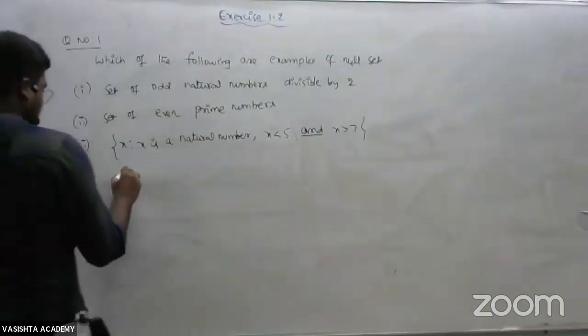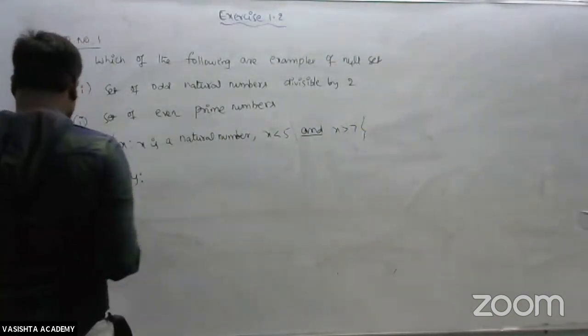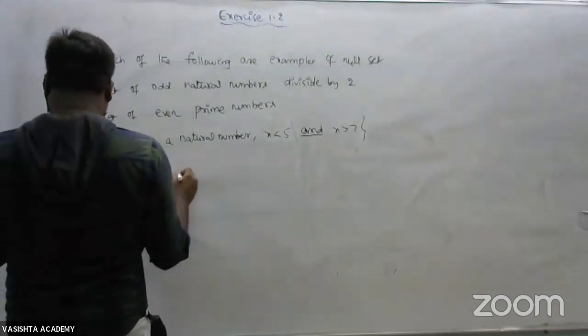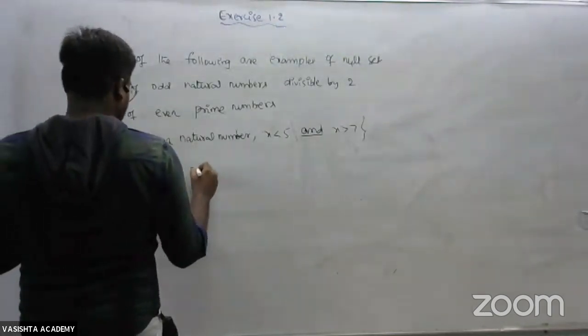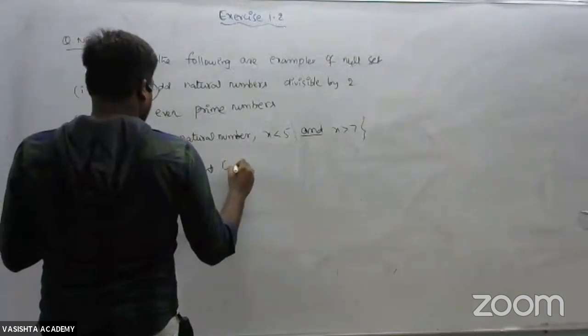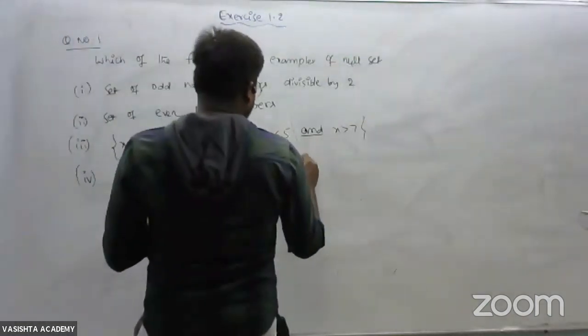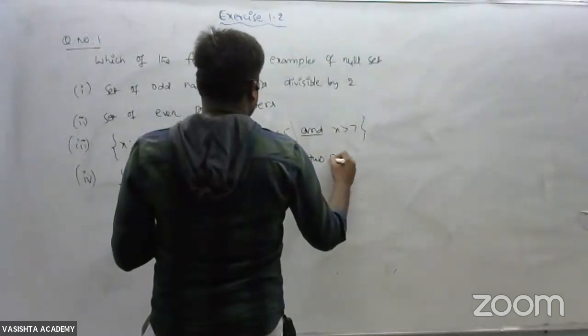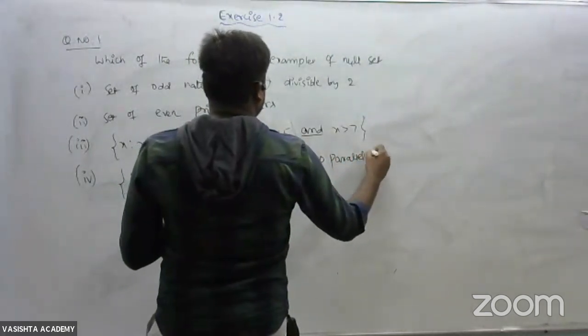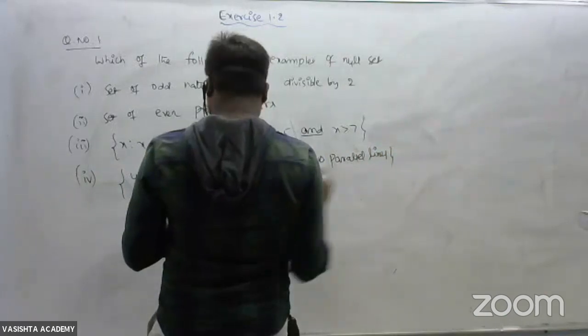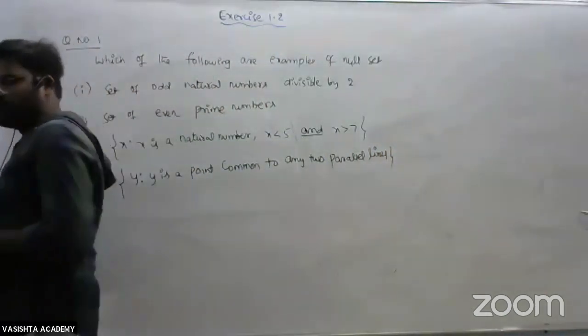Fourth one, y such that y is a point common to any two parallel lines. Right.